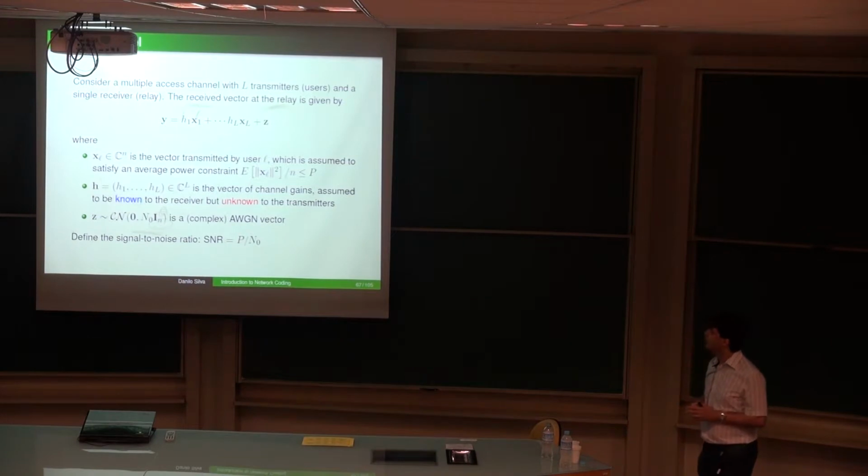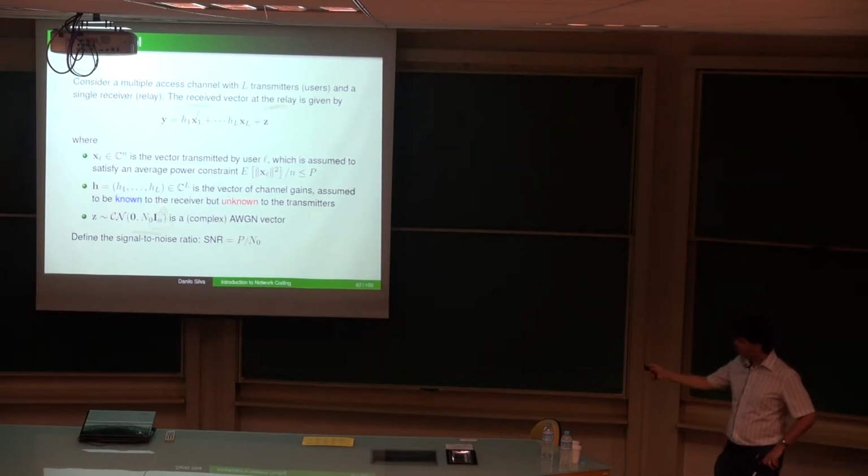Now we have L transmitters. The receiver, the relay, is receiving this summation, linear combination, over the complex field. We will assume some power constraint P on each user. There is Gaussian noise with power N0, and so we define the signal-to-noise ratio as P over N0.